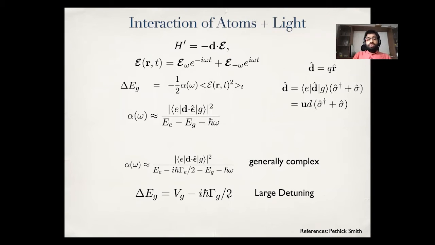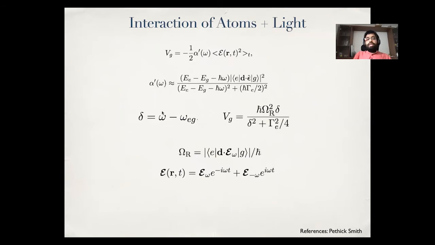Okay, so now what is happening? I can write my result of applying an electric field on my atom as basically providing an external potential V_g of this form. Now, this is a time average, but I can have some spatial dependence of the electric field, right?